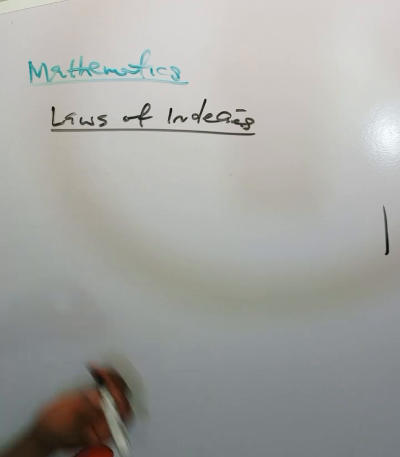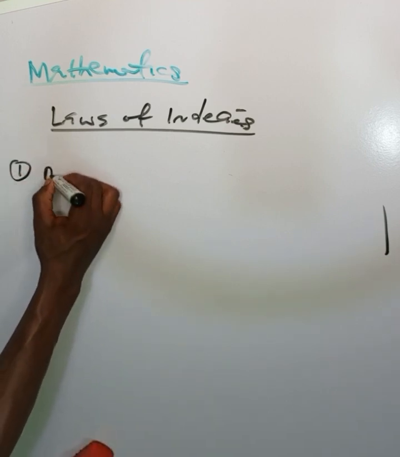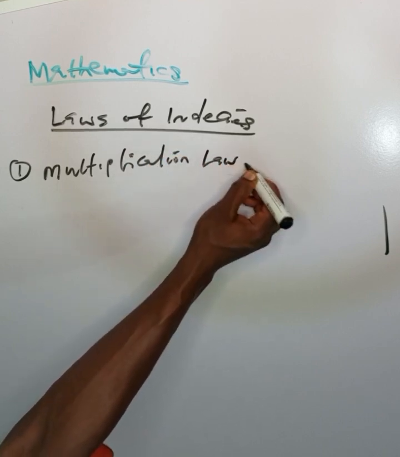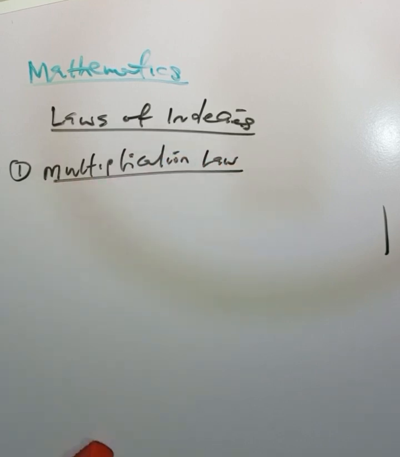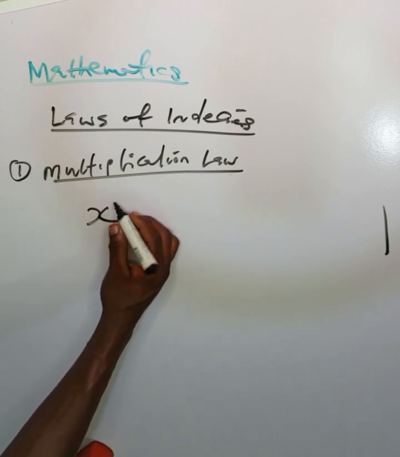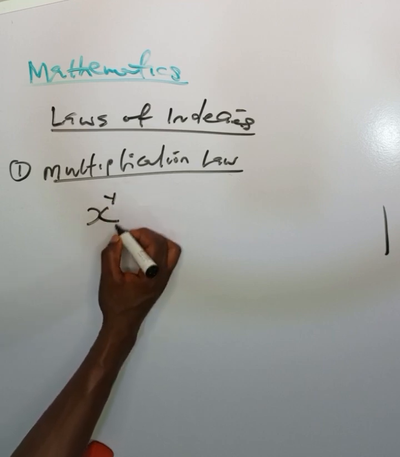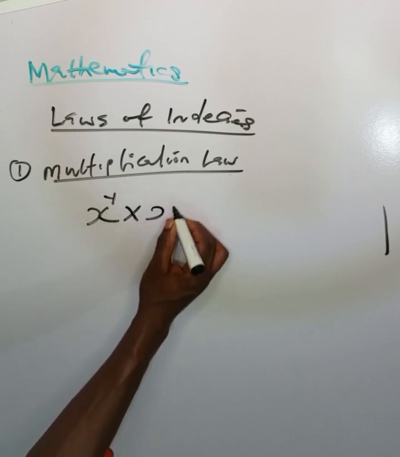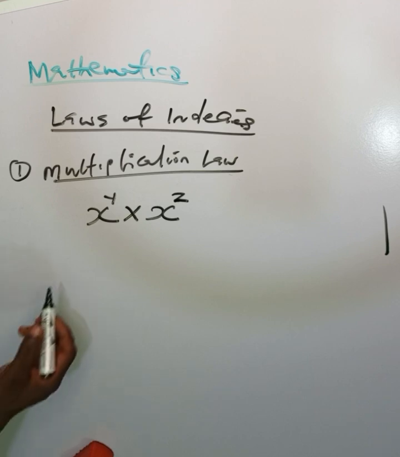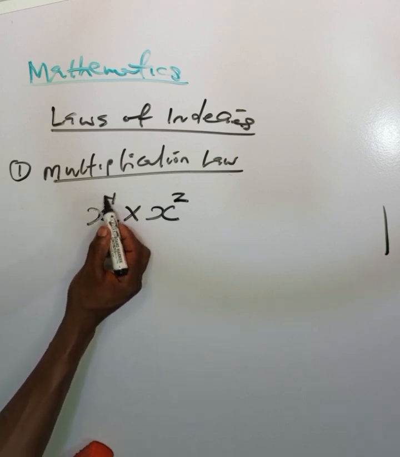Number 1 is multiplication law. When we have, for example, x raised to power y times x raised to power z, the power of this number is y.